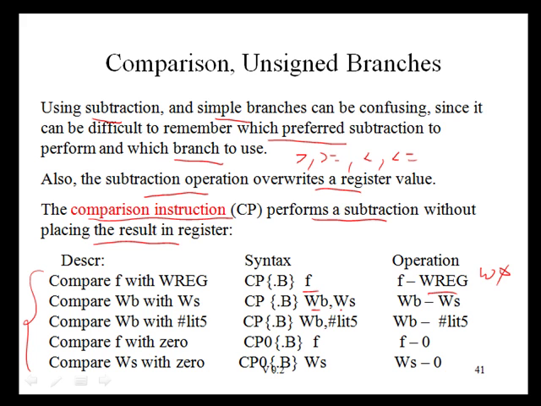This is going to compare two working registers. This compares a register against a 5-bit literal. These two instructions compare memory or a working register against the 0 value. In all cases, these perform a subtraction which affects flags, but the result is not stored into a register.